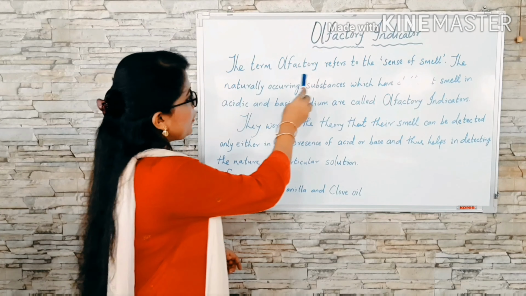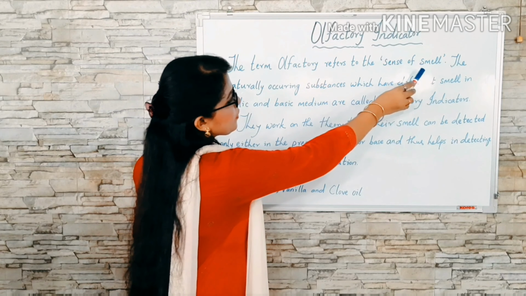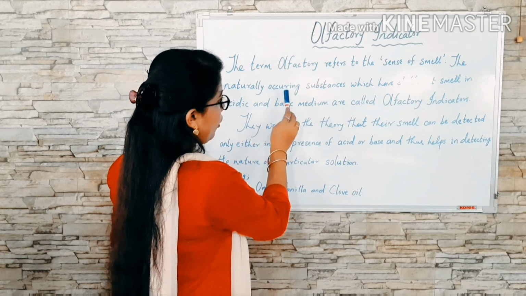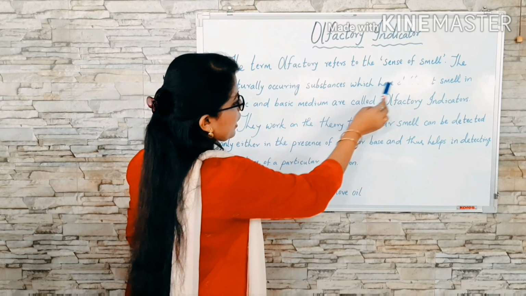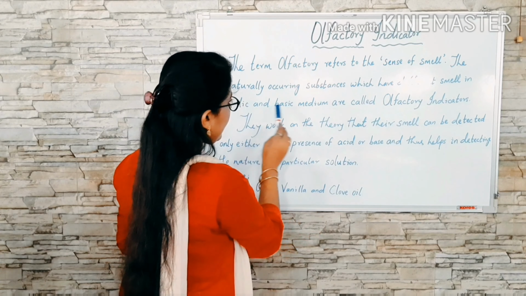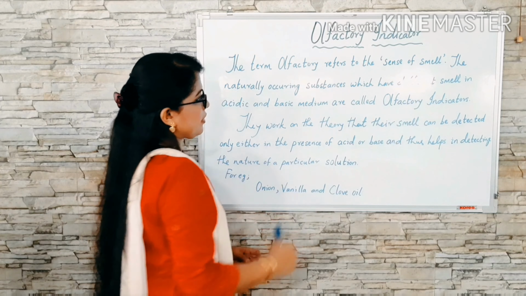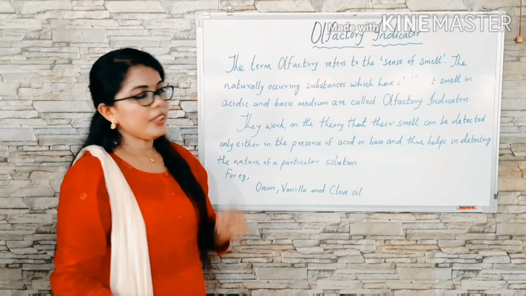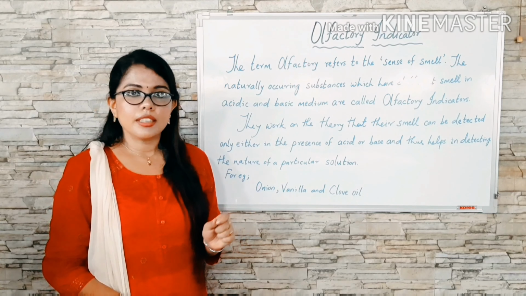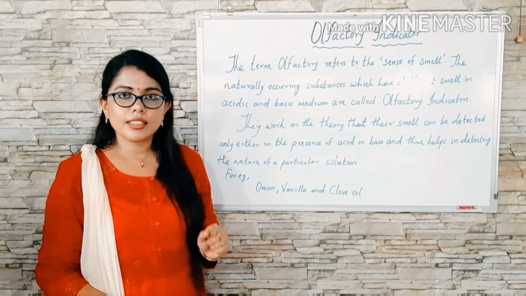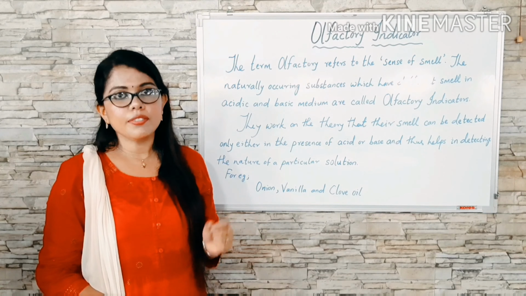The term olfactory refers to the sense of smell. The naturally occurring substances which have different smell in acidic and basic medium are called olfactory indicators. Now, this type of indicator detects the presence of an acidic or a basic substance by the change of smell.